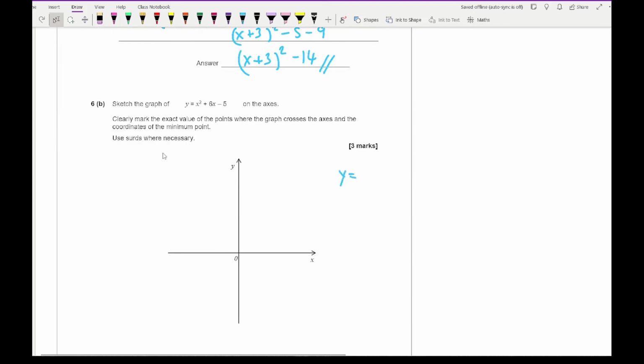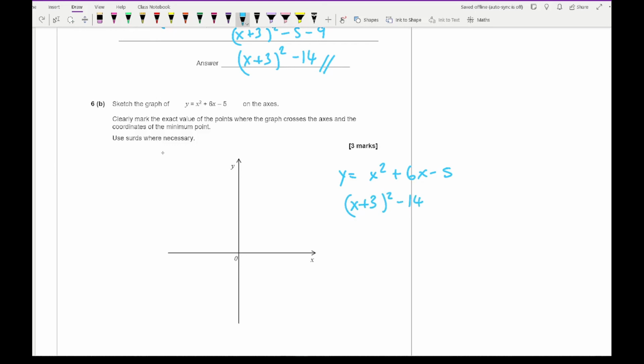So I've got y equals x squared plus 6x minus 5. Now in terms of does this factorise, it does not factorise. So then what we've got is x plus 3 squared minus 14.